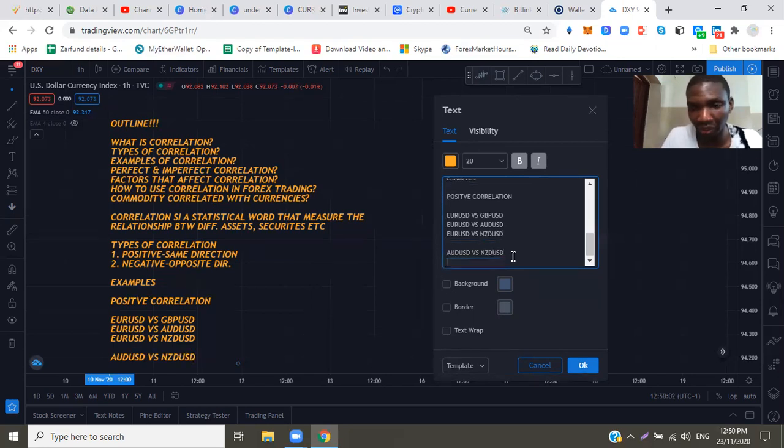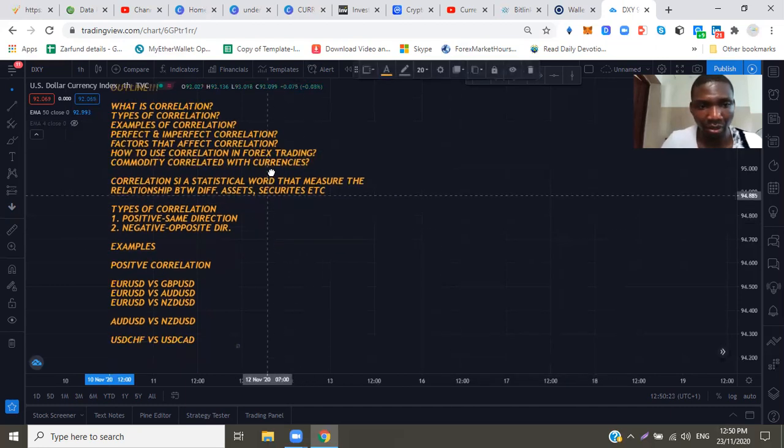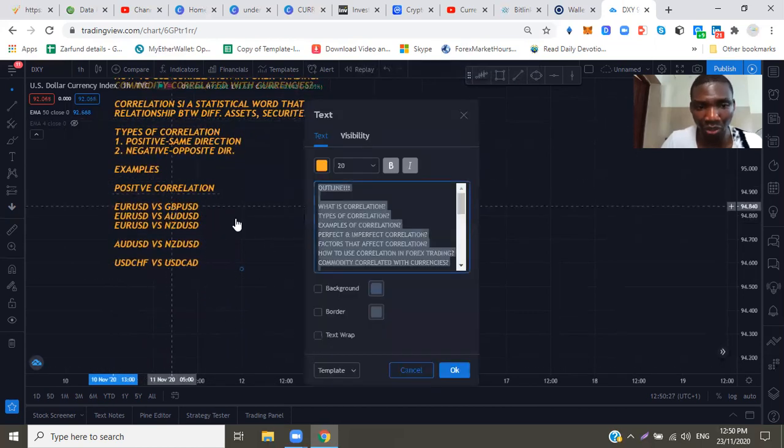Then you have another one, USD CHF versus USD CAD. These are assets that are very positively correlated, so they go in the same direction.